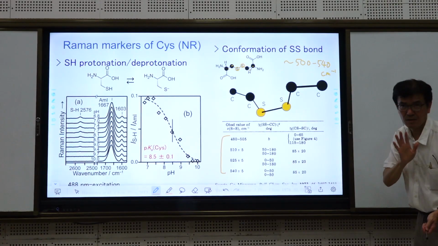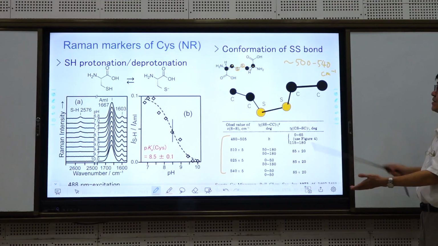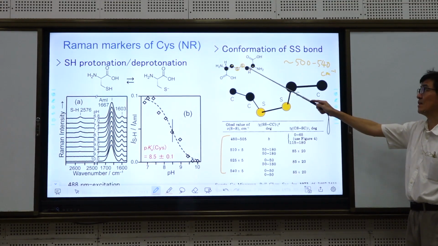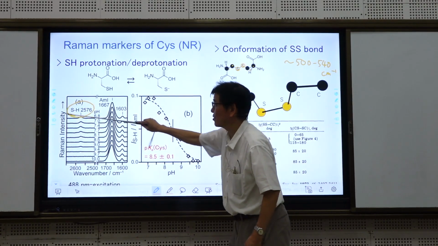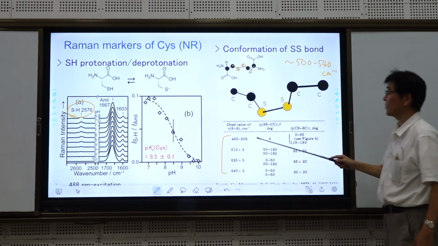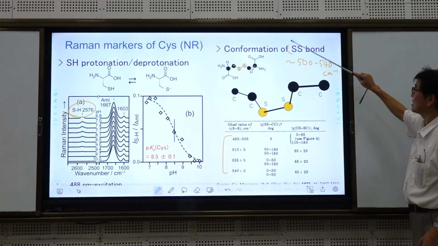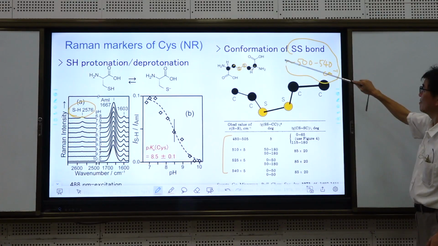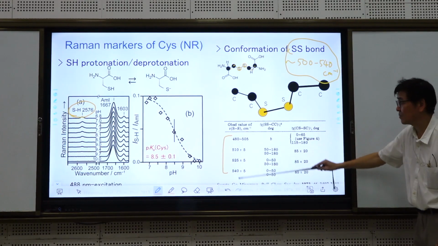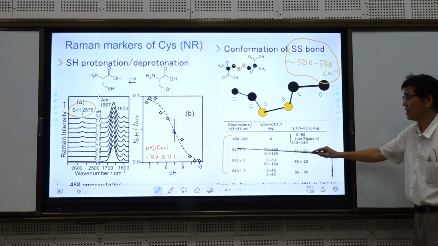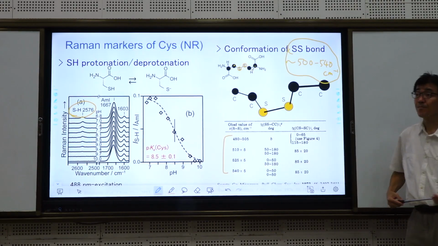So in protein structure analysis, if you are interested in the status of the cysteine side chain, one checkpoint is the SH stretching band. Another checkpoint is the SS stretching band. And by taking the peak position of the SS bond, you will see what the conformation of the SS bond is.